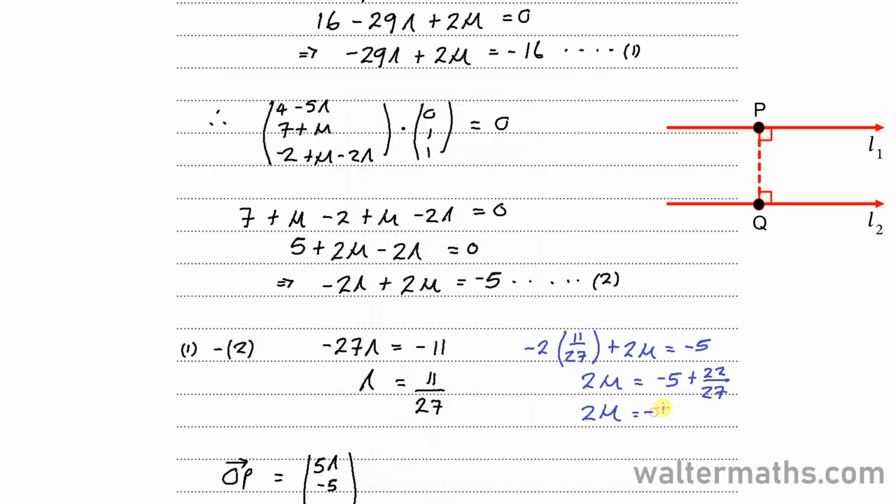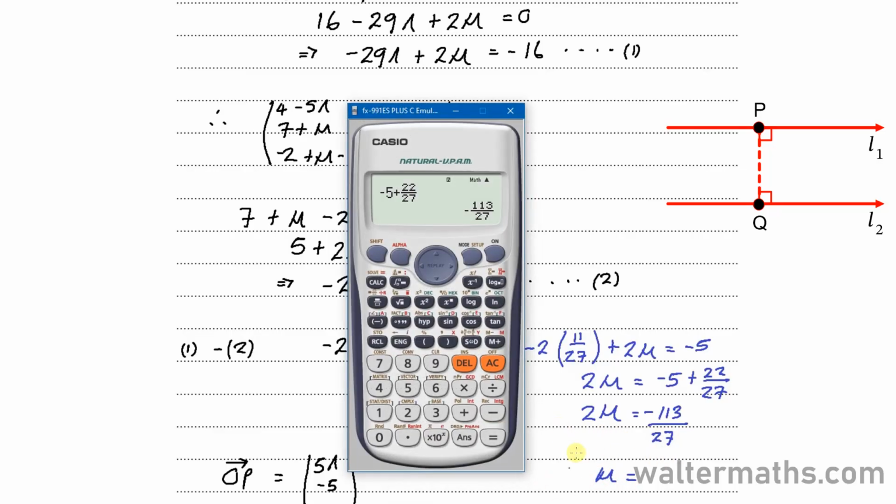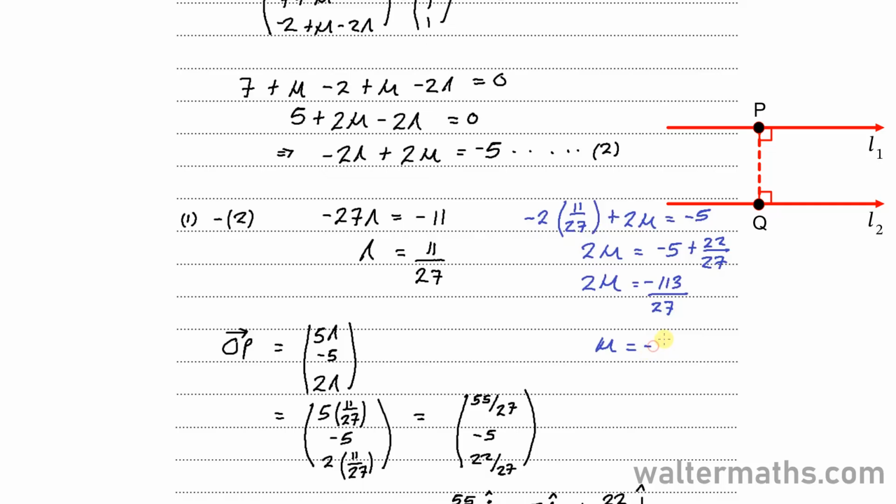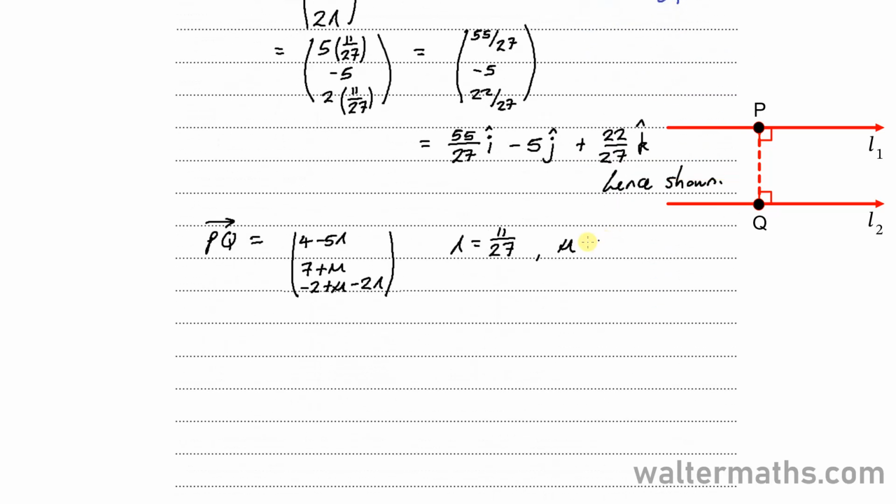So mu, we will divide both sides by 2. And that's minus 113 over 54. So this is mu, equal to minus 113 over 54.